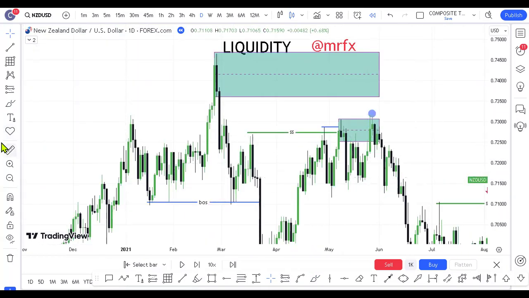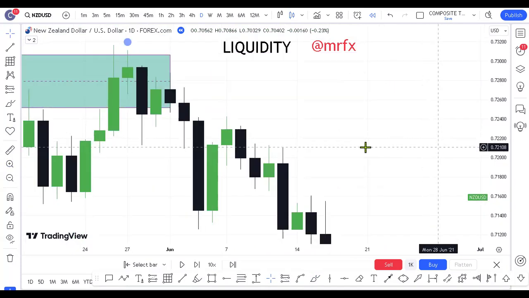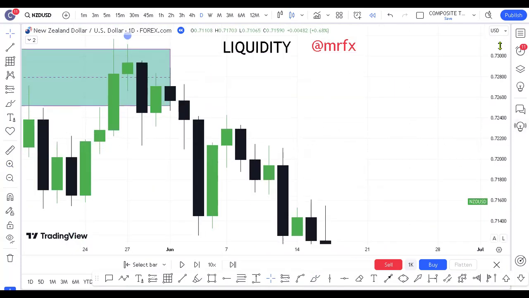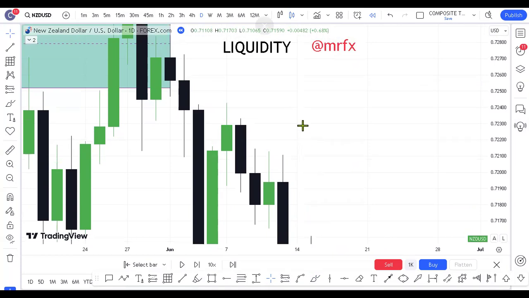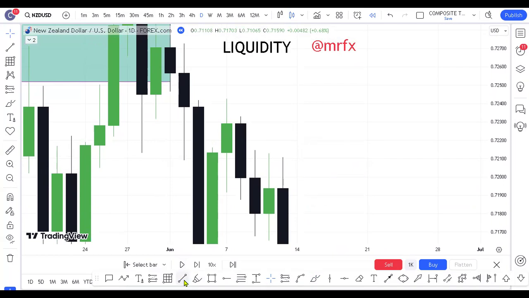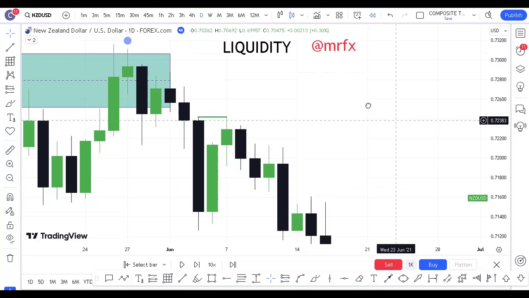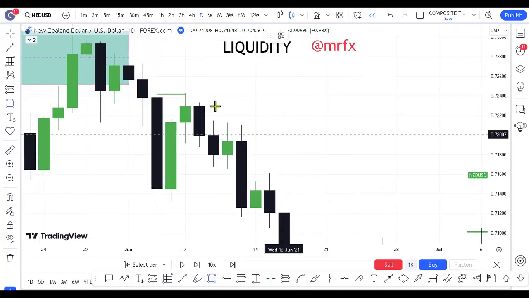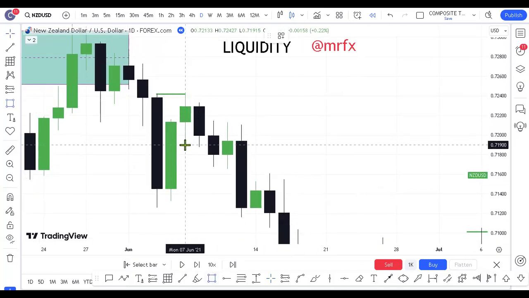And let me show you something here. If you look at this particular market structure very carefully, you're going to notice something: this black candle, the high was taken out. If the high was taken out, then this means that we have something here, maybe mitigation.